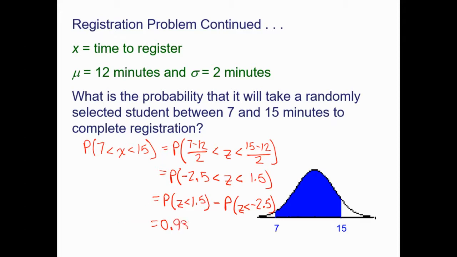Okay. Minus the probability that Z is less than negative 2.5. 0.0062.